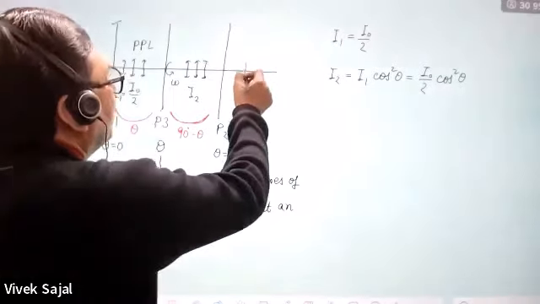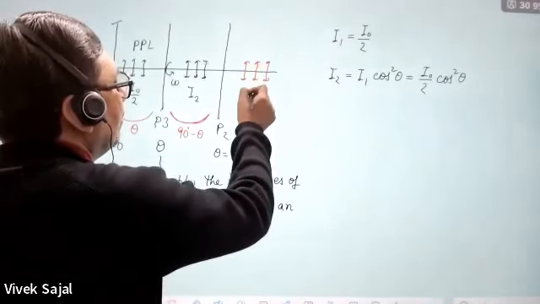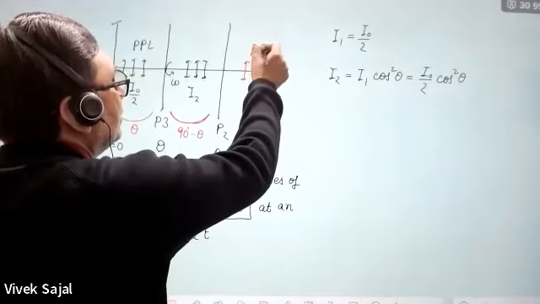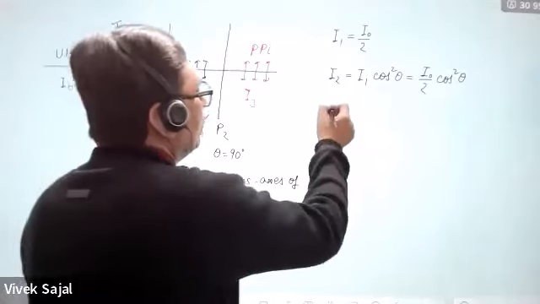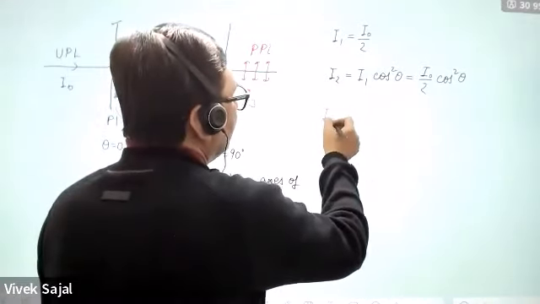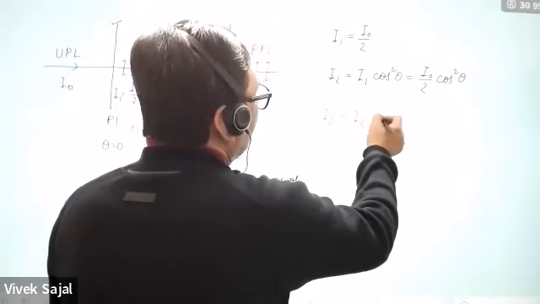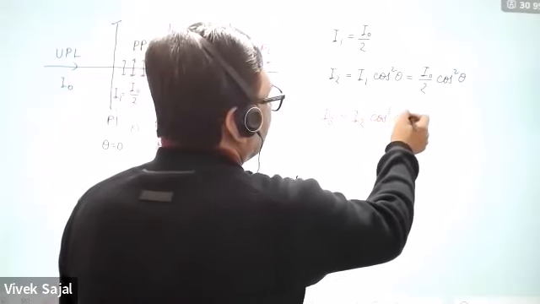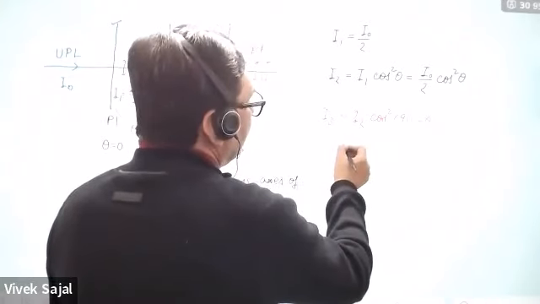On this side also you will have plane polarized light again. What will be the intensity of this? That will be I3. I3 will be I2 cos square of 90 minus theta, which is sin square theta.